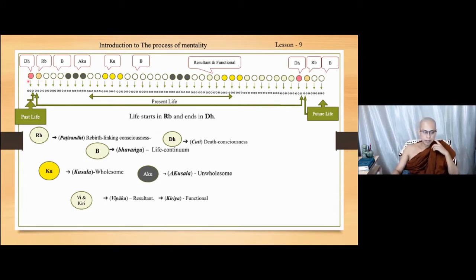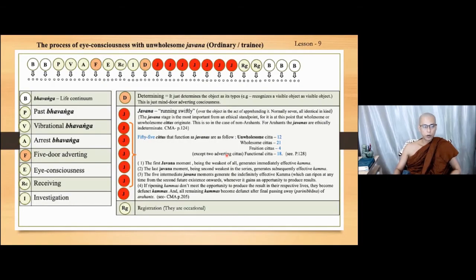Here we show only the small spots, but each contains consciousness and a group of mental factors. So let's see how we will enlarge the small one.